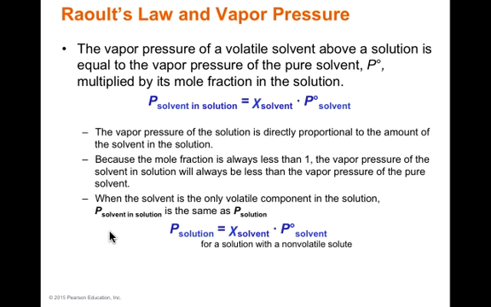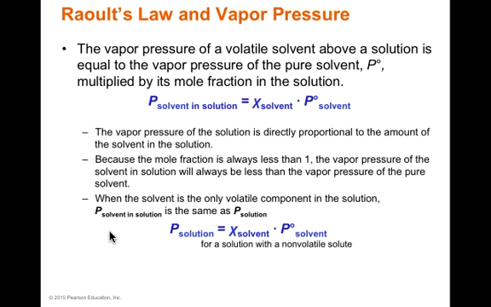Therefore, the vapor pressure of the solvent above a solution will always be lower than the vapor pressure above the pure solvent. When the solvent is the only volatile component in the solution, then the pressure above the solution depends only on the pressure of the solvent.